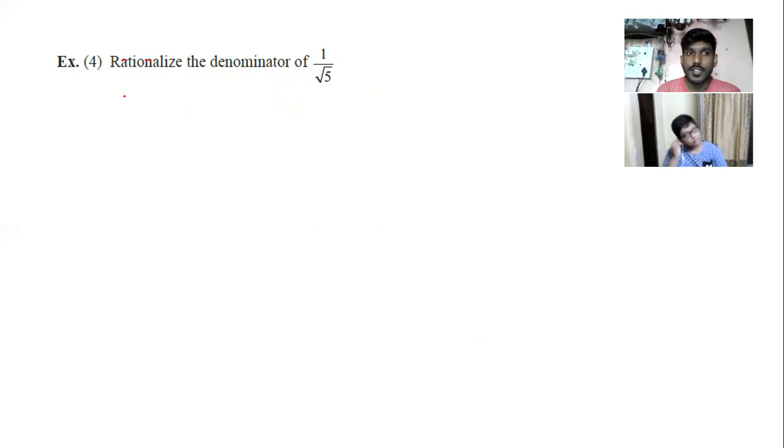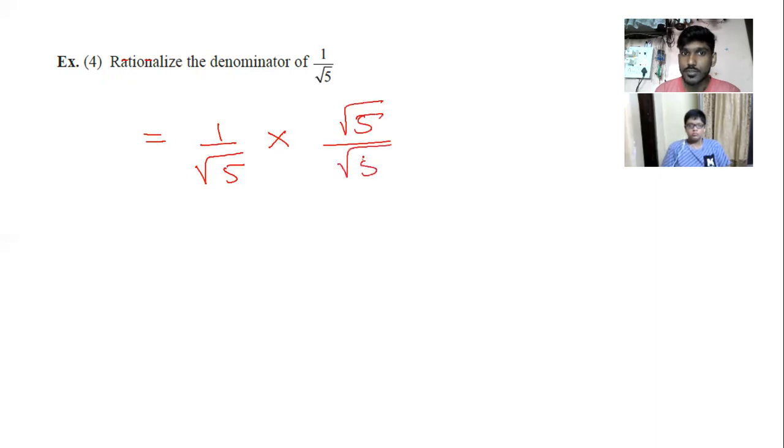To rationalize this, you have 1 upon root 5. You have to multiply and divide with the surd that is in the denominator. So root 5 is in the denominator, so you multiply and divide with root 5. Is this clear?